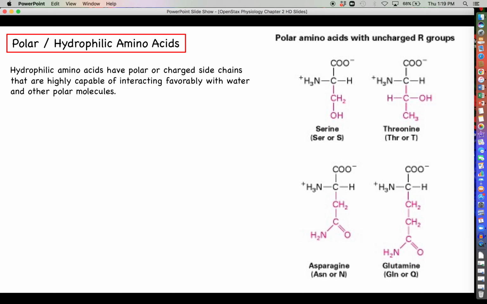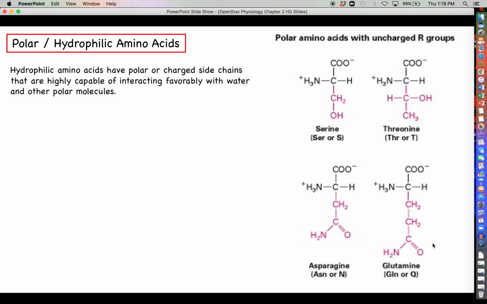Okay, so here are the polar non-charged amino acid side chains. You've got serine and threonine, which have hydroxyl functional groups, which we know by now are very, very polar. And then you've also got asparagine and glutamine, which have amide functional groups. So you can see that you've got this CONH2 group.